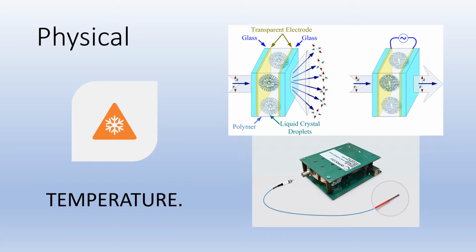One of the oldest and simplest types of temperature sensors consists of a layer of liquid crystals at the end of optical fibers. There's an example of how this liquid crystal works in one of these pictures.